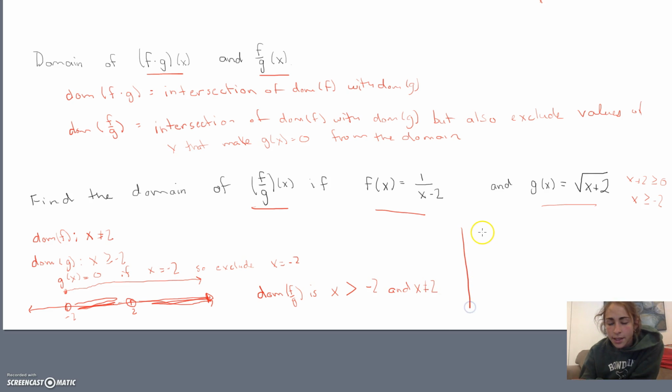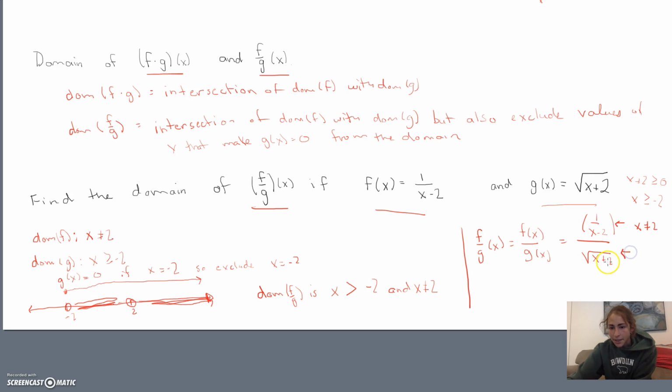Now let's just look at this a little bit more carefully. So f over g of x, I get it by doing f of x and dividing by g of x. So this is going to be 1 over x minus 2 divided by the square root of x plus 2. So if I look at this expression, the top part says x cannot equal 2 because I have x minus 2 in the denominator.